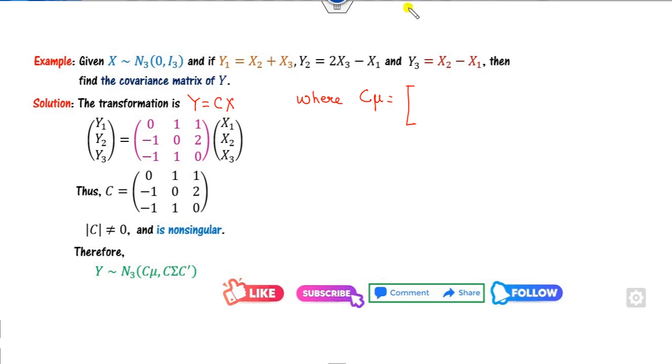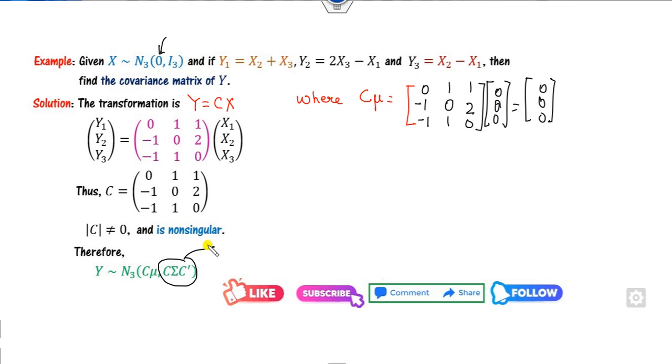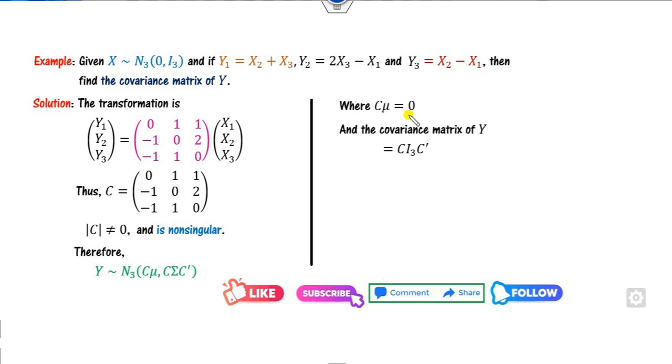The value of c is 0, minus 1, minus 1, 1, 0, 1, 1, 2, 0. What is mu? Mu is the 0 matrix: 0, 0, 0. If you multiply them, you will get 0, 0, 0. And the covariance matrix is c sigma c transpose.